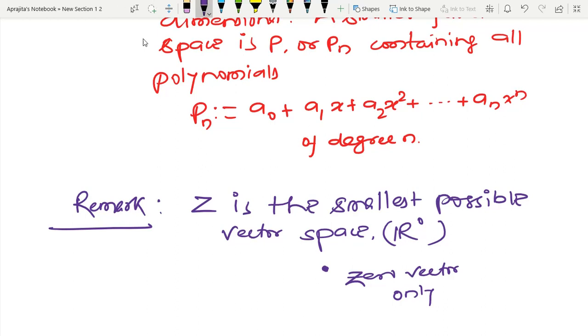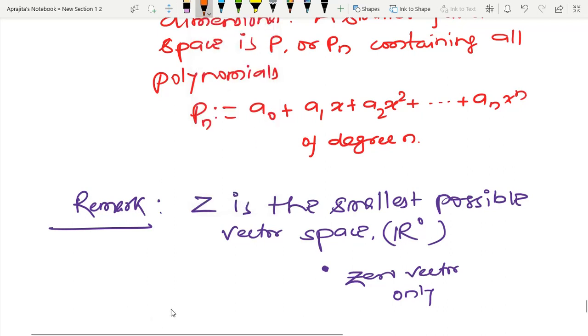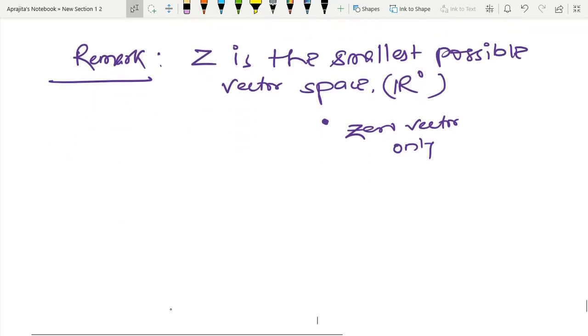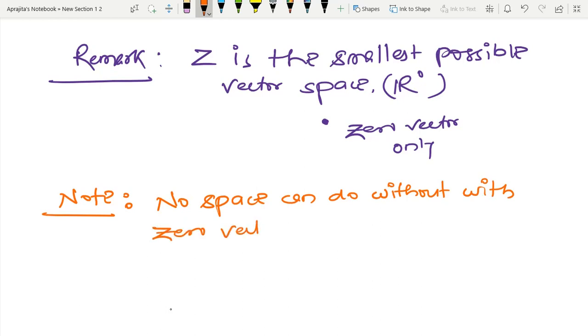One more important point I am going to highlight here. It is important to note this point: no space can do without the 0 vector.